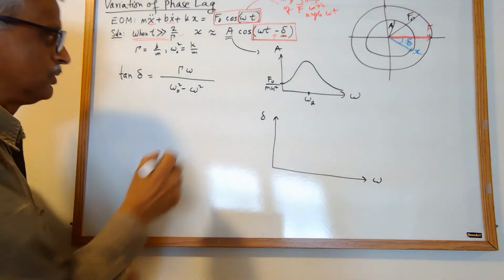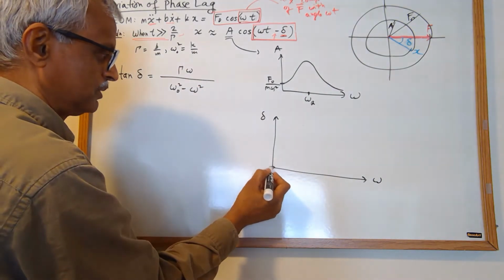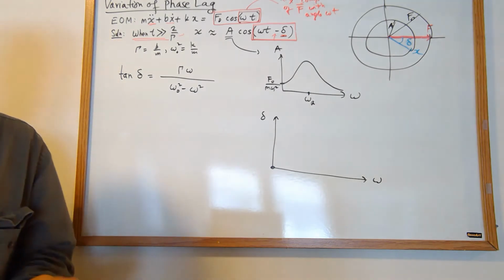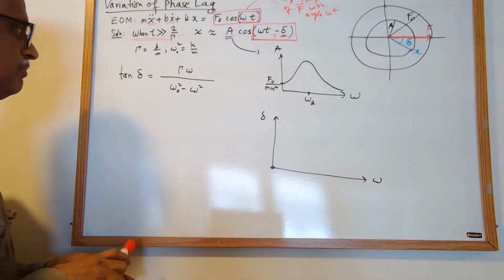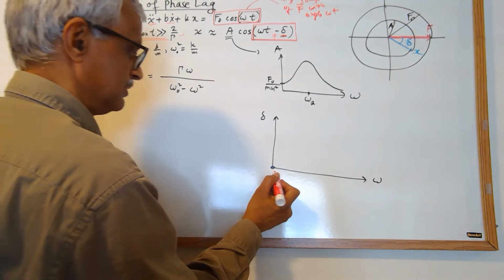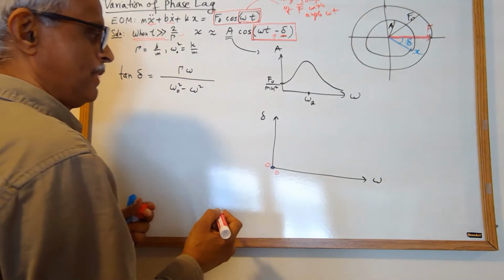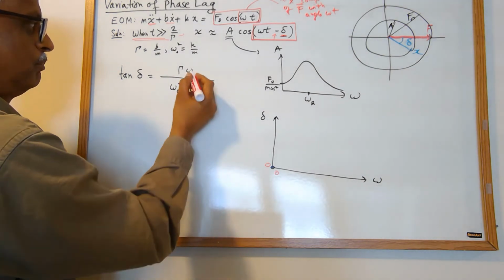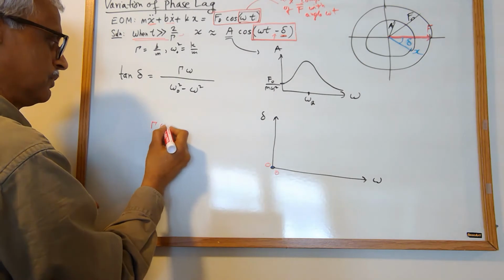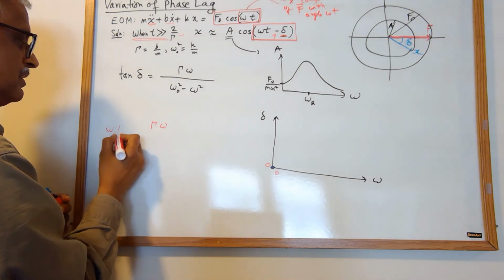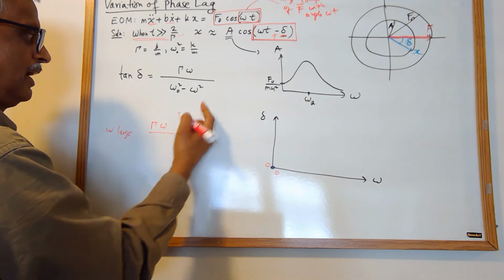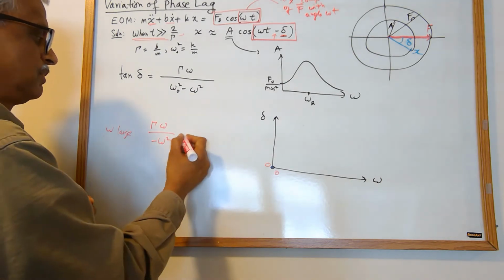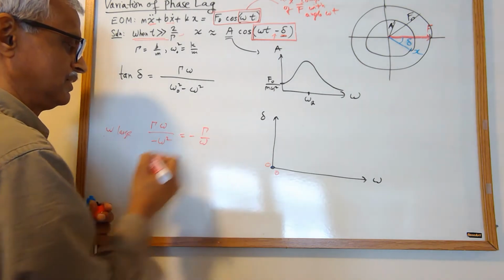So when omega is 0, I am over here. And when I look at the zero, I have a zero. When omega goes to infinity, omega large, this becomes minus omega square, and then it becomes minus gamma over omega.